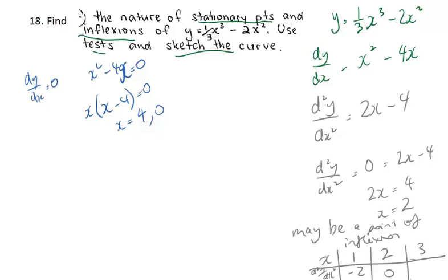Then we substitute in 3: 3 times 2 is 6, minus 4 gives us 2. So we have negative and we have positive here, so we do have a point of inflection. Our point of inflection is at x is 2, and if we substitute x is 2 into the original equation, we should end up with y is minus 5 and a third.